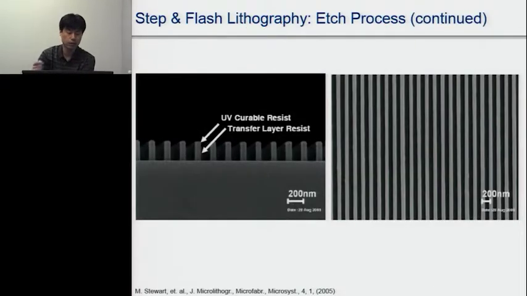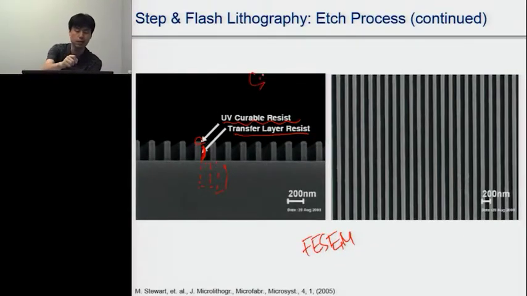And using those patterns, this FESEM picture shows the result even after finishing the substrate etching. So this is the UV curable resist, and this is the transfer layer. This is the bottom layer, and using this way, we can do the further etching.